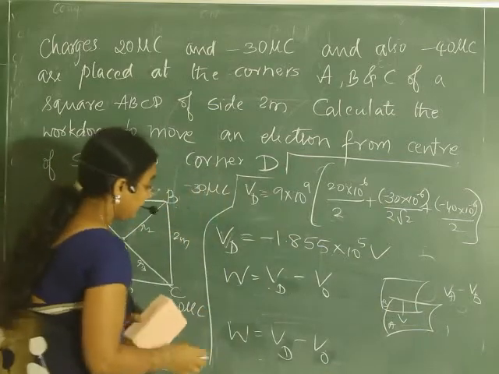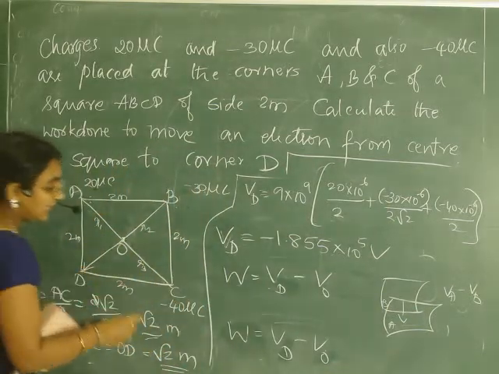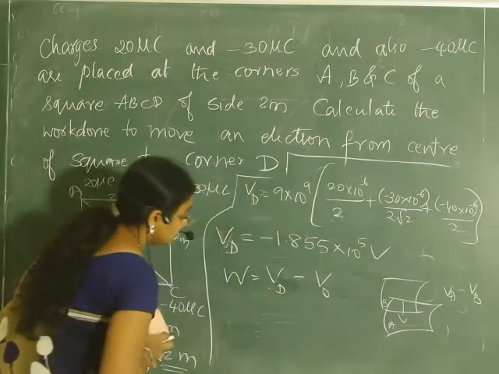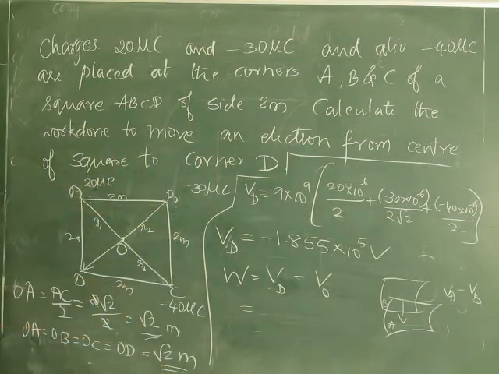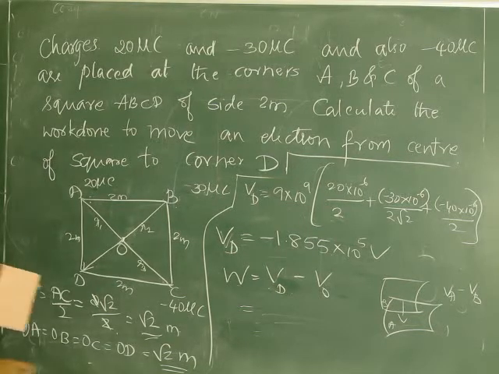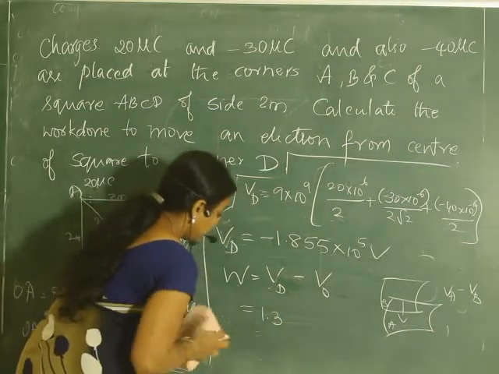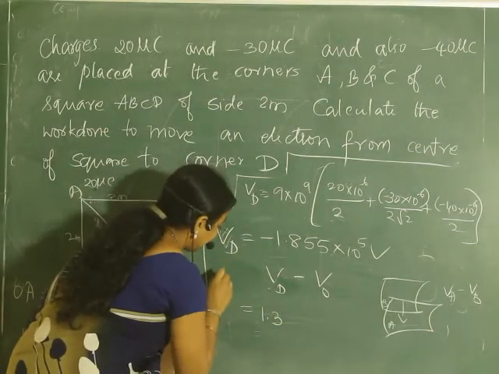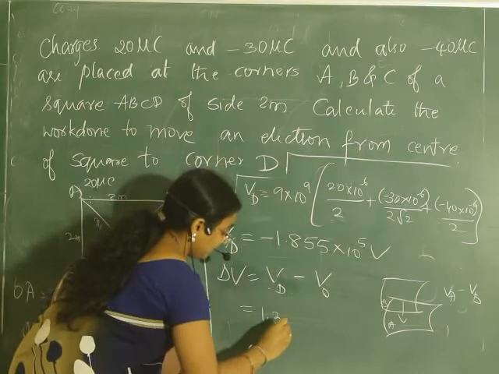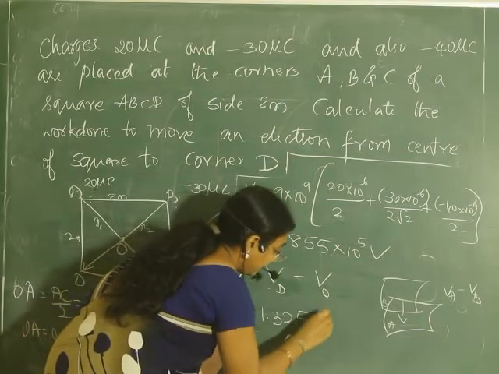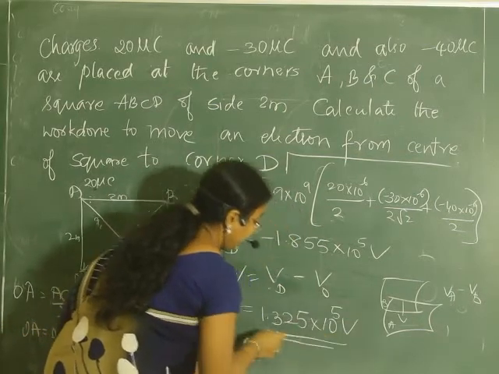Same way here, we have to move from O to D, so VD minus VO. Substitute and calculate work done. We will get here change in potential as 1.325 into 10 to the power 5 volt.